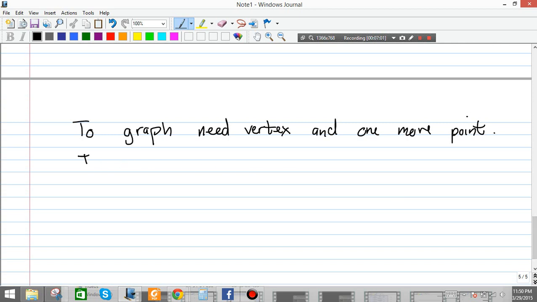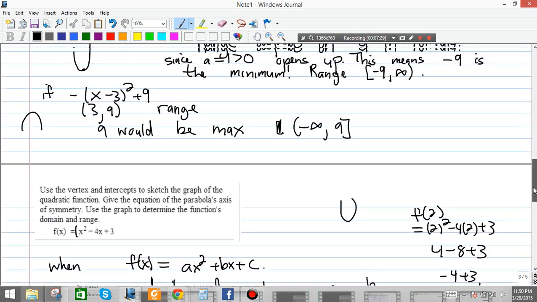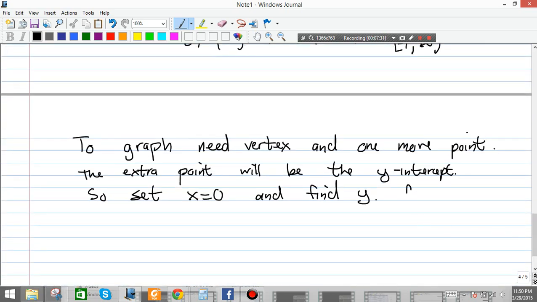So the extra point will be the y-intercept. So set x equal to 0 and find the y-intercept. In other words, that's f of 0.